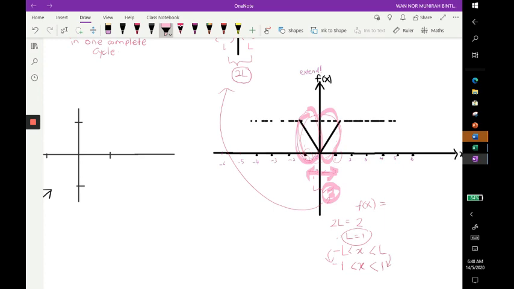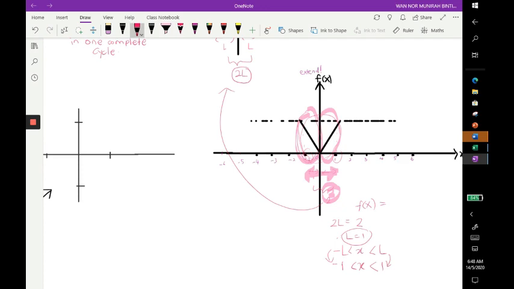A periodic function means that for each complete cycle, you repeat the same shape of the function, the same shape of the wave, the same shape of the graph, for the interval of 2 units. Here you have 2 units for one complete cycle, so you need to repeat the function.